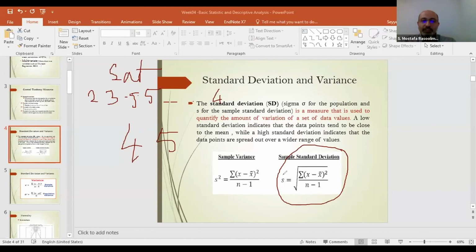The standard deviation to the power of 2, the square of the standard deviation, is the variance. Variance is one of the key parameters for bivariate and multivariate analysis.